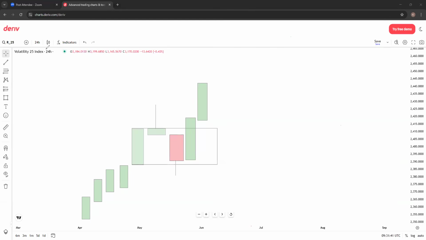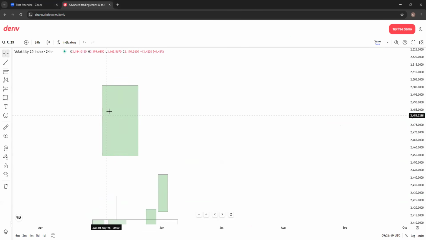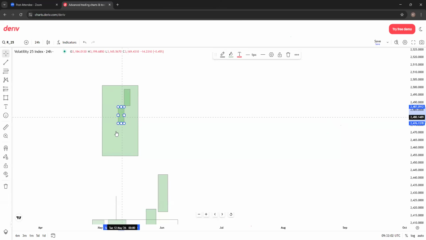But now remember, if you have one candlestick in H1, this means in M15, these candlesticks are just gonna be how many? These are going to be four candlesticks in H1, right?